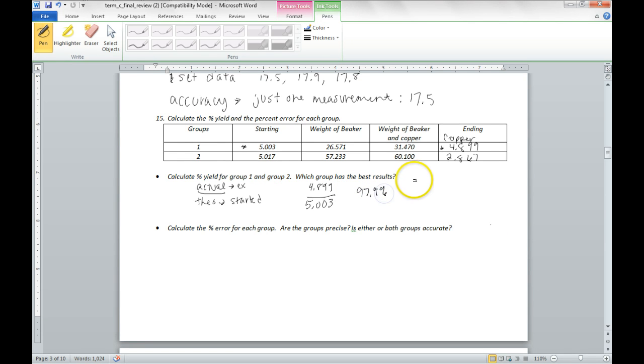I got 97.9%. And then do the other one, which is 2.867 divided by 5.017. We got 57.1%.